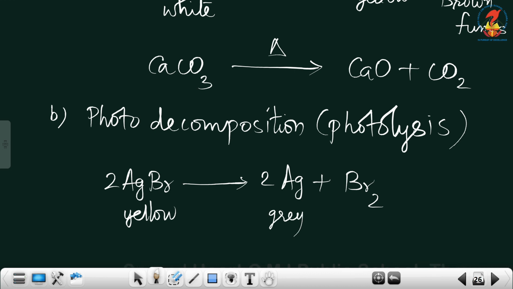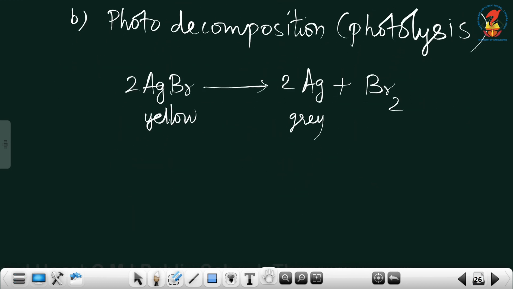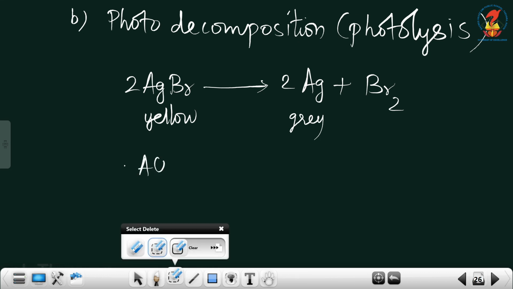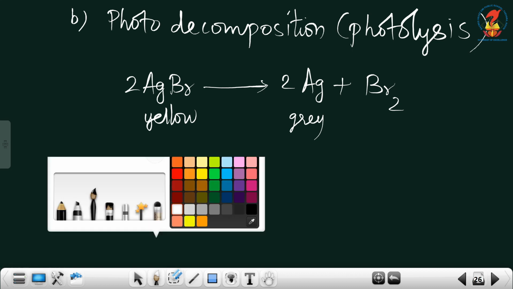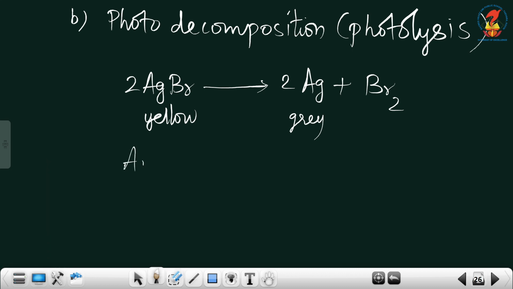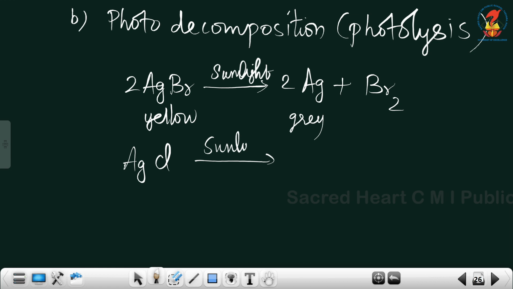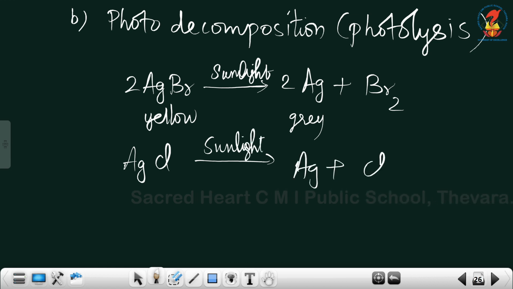And grey colored silver will be obtained. In the same way, silver chloride also undergoes decomposition. AgCl, silver chloride, is also undergoing decomposition in presence of sunlight, giving Ag plus Cl2.